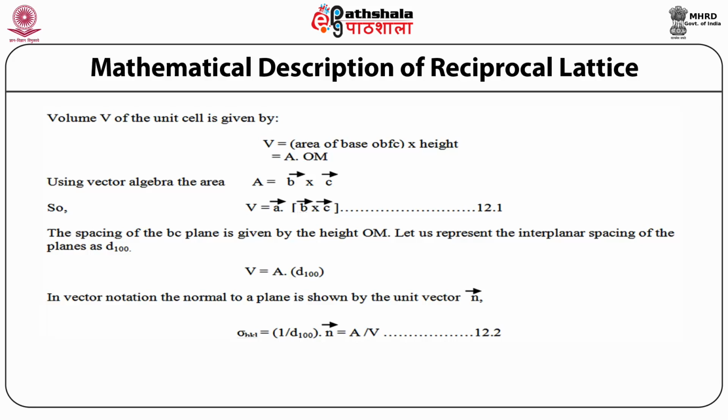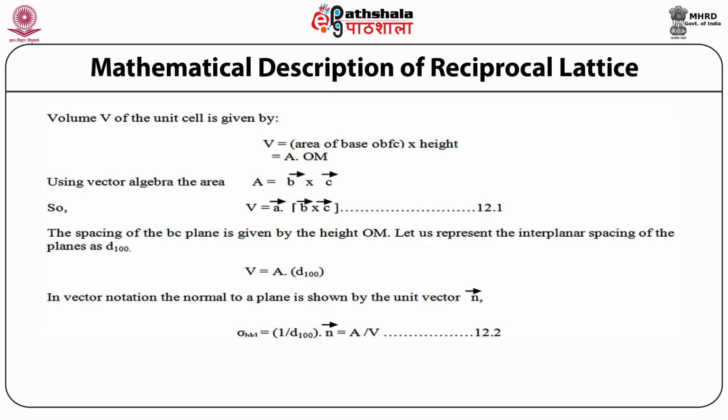The spacing of the BC plane is given by the height OM. Let us represent the interplanar spacing of the plane as d100. So V will be equal to A into d100.